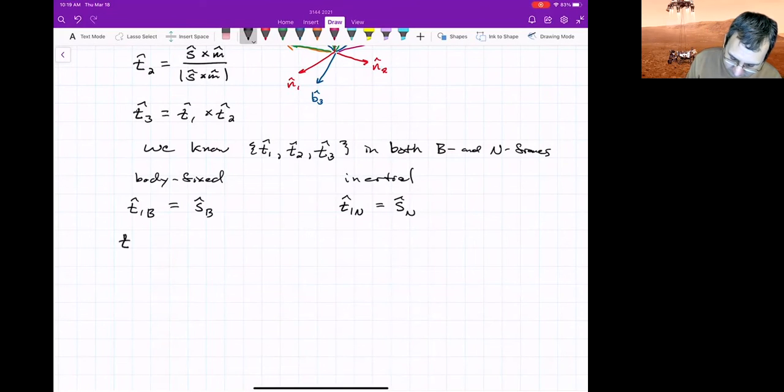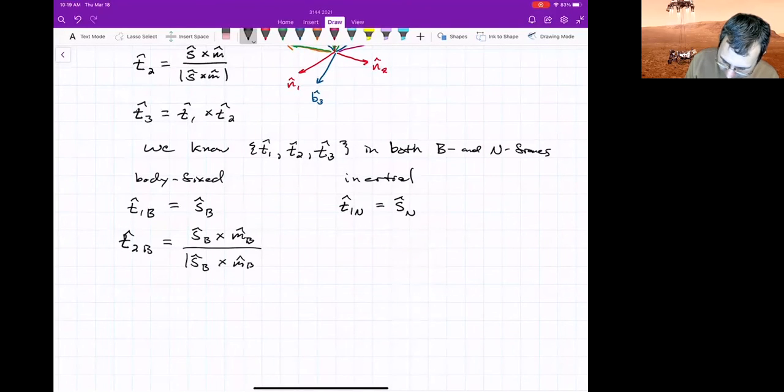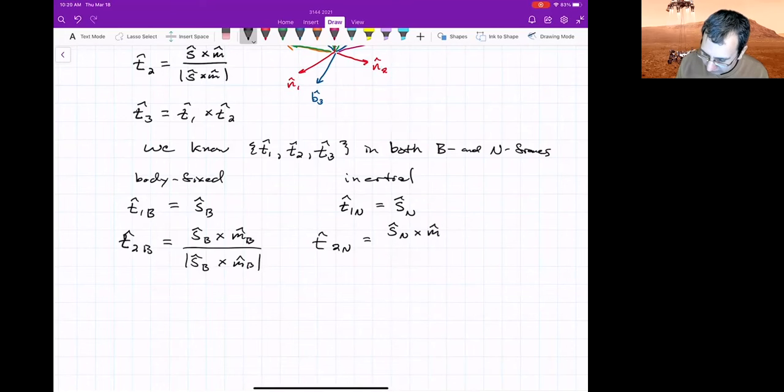And then T2 in the body fixed frame will be S cross M divided by the magnitude of S cross M in the body fixed frame. Same over here for T2N, but with inertial frame components. And we'll go through an example of this so you could see.